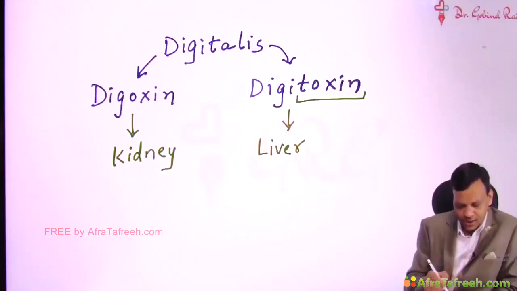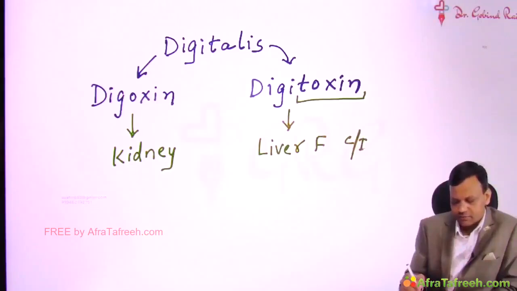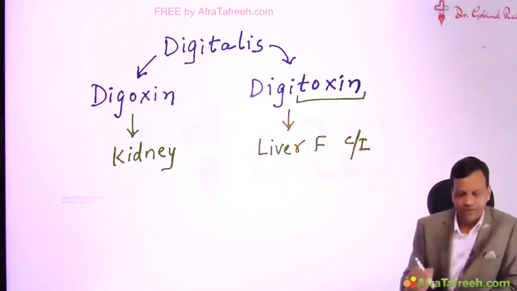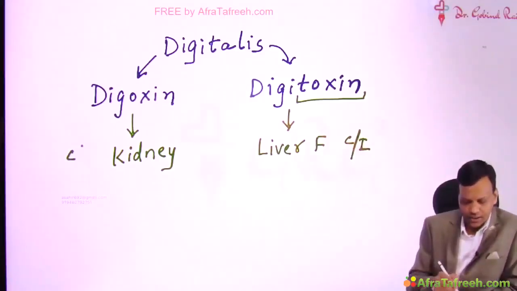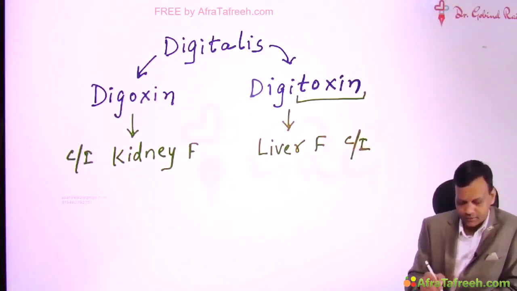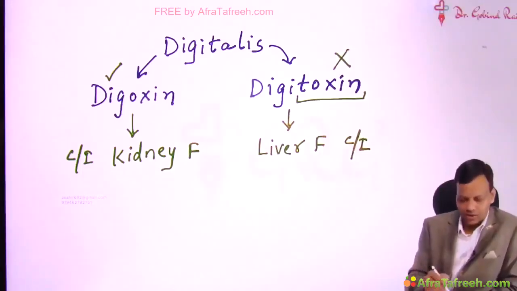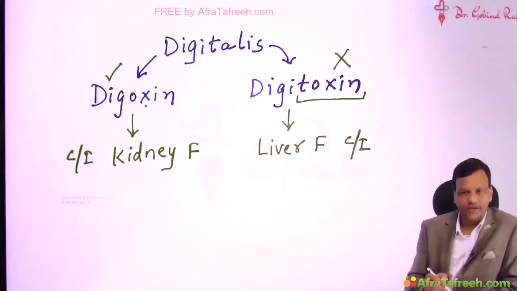Due to this reason, digitoxin was contraindicated in liver failure, whereas digoxin is contraindicated in kidney failure. Remember, now only digoxin is available, digitoxin has been withdrawn, and digoxin is contraindicated in renal failure.